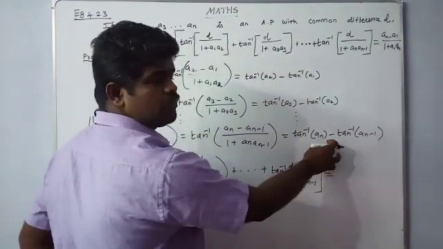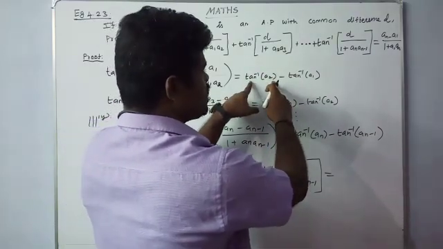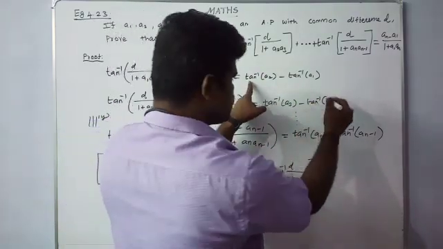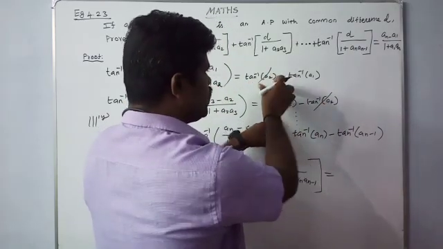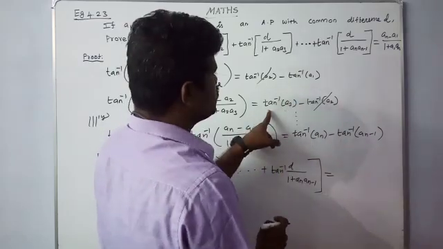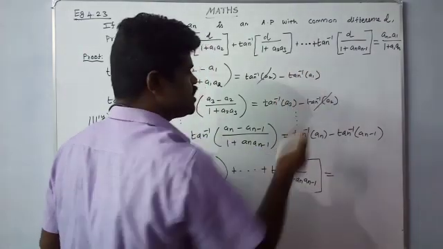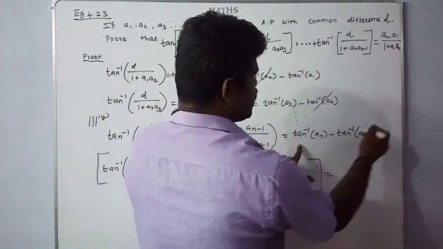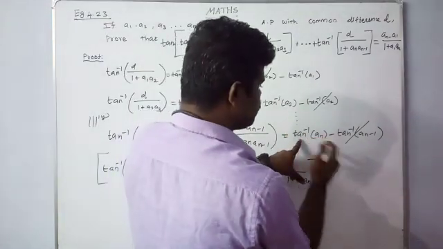Add these values. What do we get? Here there is tan inverse a2 plus, and tan inverse a2 minus, so this term cancels, and in each formula the first term cancels with the previous. The remaining second term is minus tan inverse a1, and the last term remains.